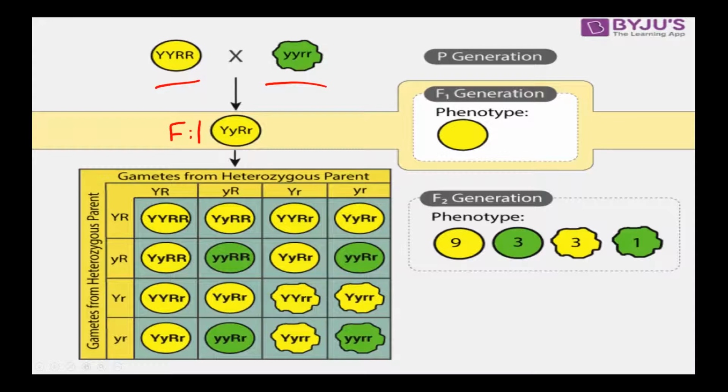When these F1 plants are bred together, the F2 results in genotypic ratios, which are a little crazy, as we see in this generation of F2. The F2 generation phenotypic ratio is 9 to 3 to 3 to 1.